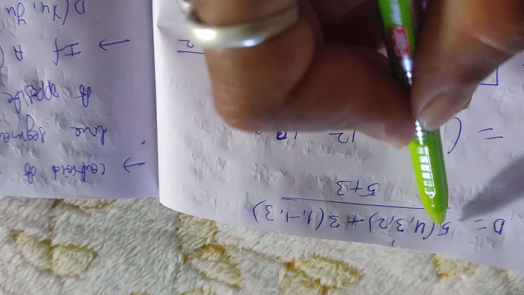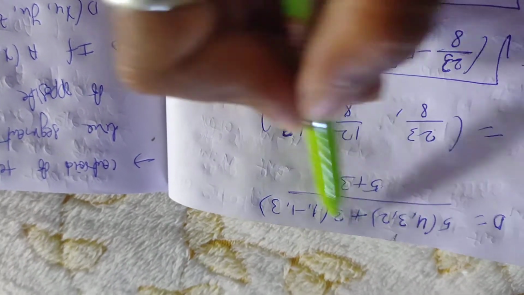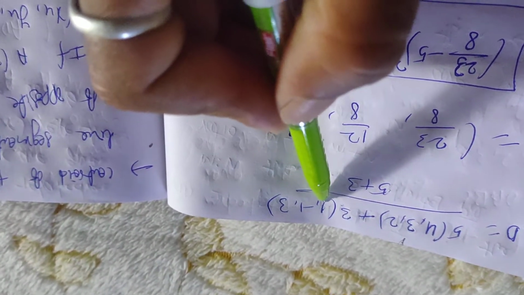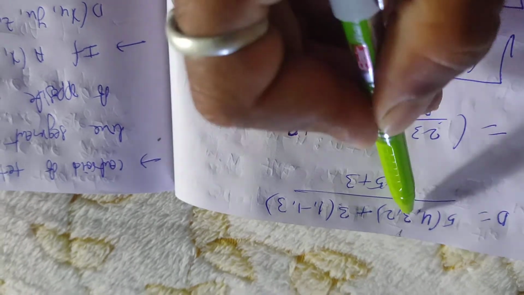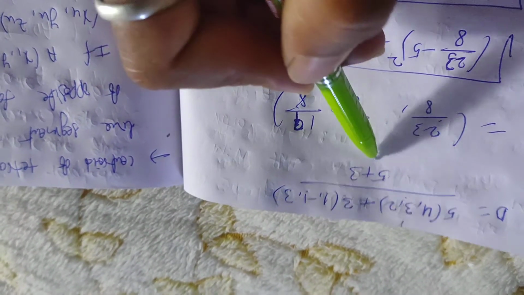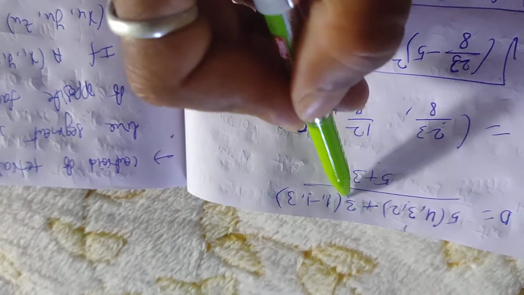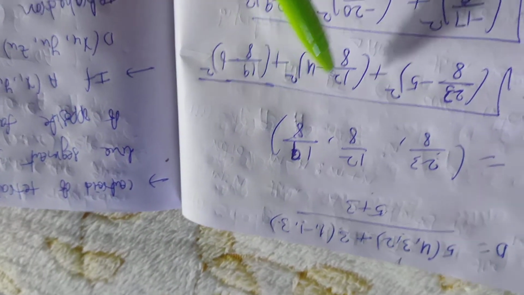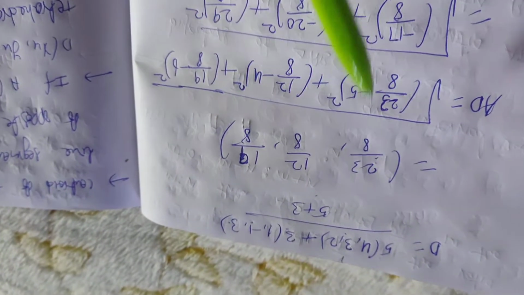How does it come? 5 4s are 20 plus 3 into 1 is 3, by 8. Next, 5 3s are 15 minus 3, that is 12 by 8. 5 2s are 10 plus 9, 19 by 8. So now we have the D point.